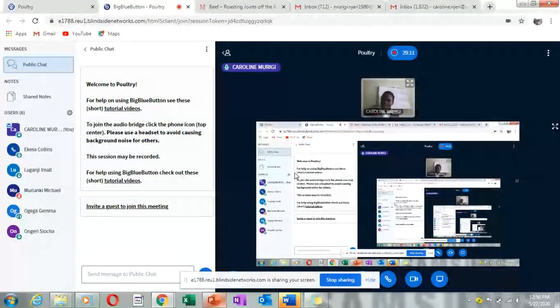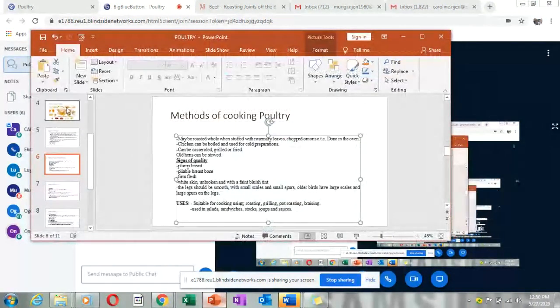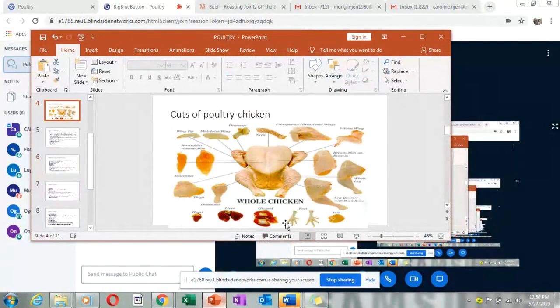You know what a spur is? On the chicken's leg there is this thing, very hard, as hard as ivory. A very pointed one.